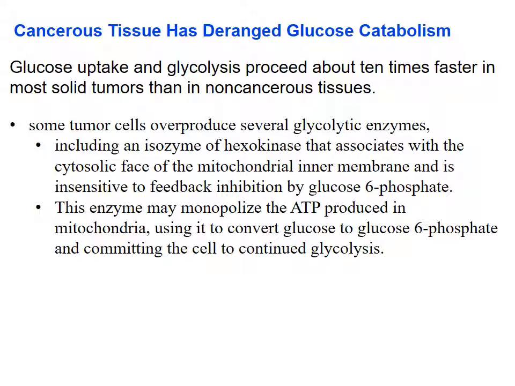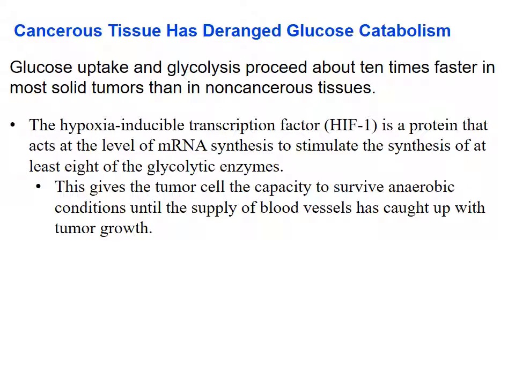So it is basically converting the glucose to glucose 6-phosphate and continuing the glycolysis. No feedback regulation. In addition, hypoxia, as we said, means that tumors do not have an adequate supply of oxygen.